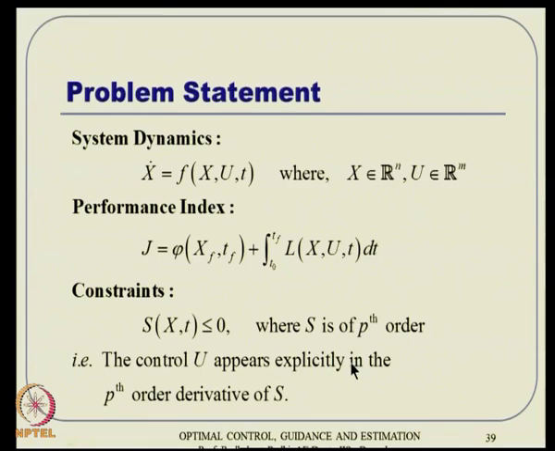And normally either first or second order derivative is where the control will start appearing, in most cases. We have, let us say, a height constraint in a vehicle, then h dot is v sin gamma, and if you take the double dot of that, then gamma dot appears, and then control starts appearing. Like that, but in general it can be pth order.